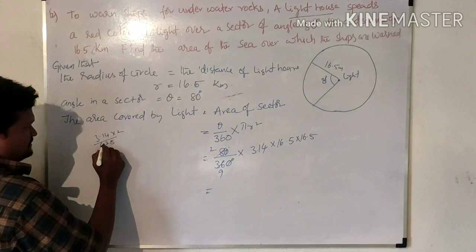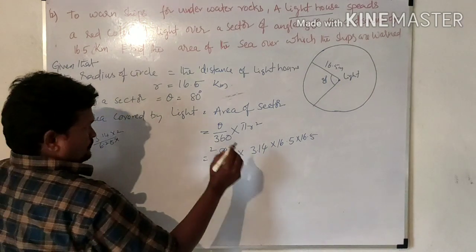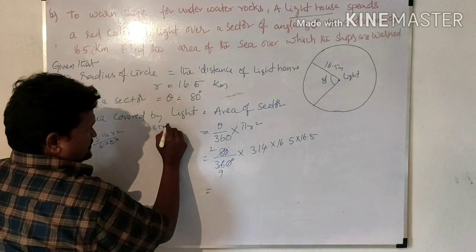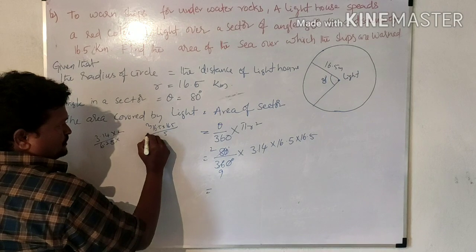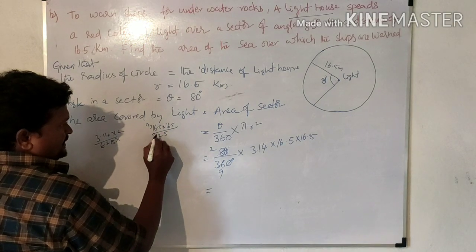Two threes are 6 into what is 16.5 into 16.5? Five fives are 25, five sixes are 30 plus 2 is 32, five 1s are 5, 8.